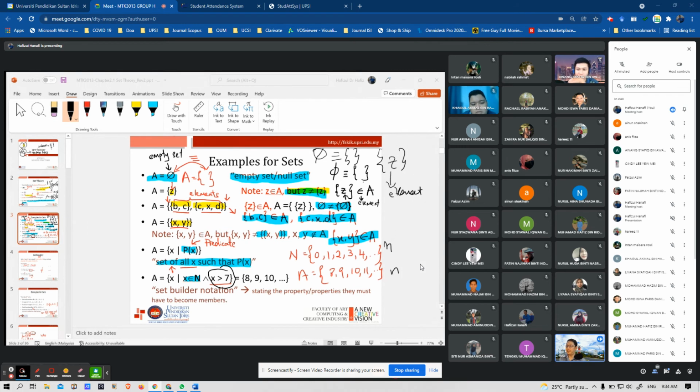Okay, basically for the history, it was created by Georg Cantor, 1845 until 1918, a German mathematician who initiated the concept of set theory.